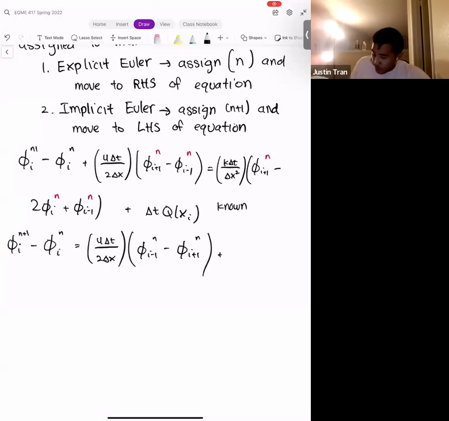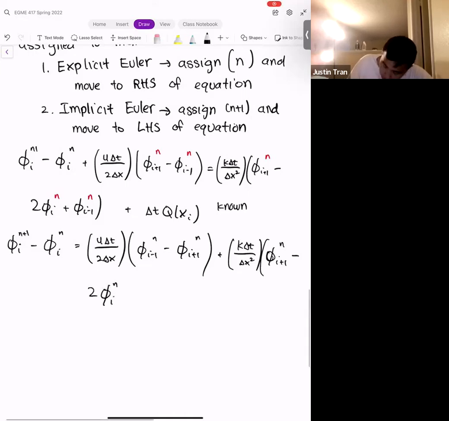All the diffusion terms, we're going to keep on that side because they're already where they need to be. And then we're going to add our source term now too: delta t q of x i.